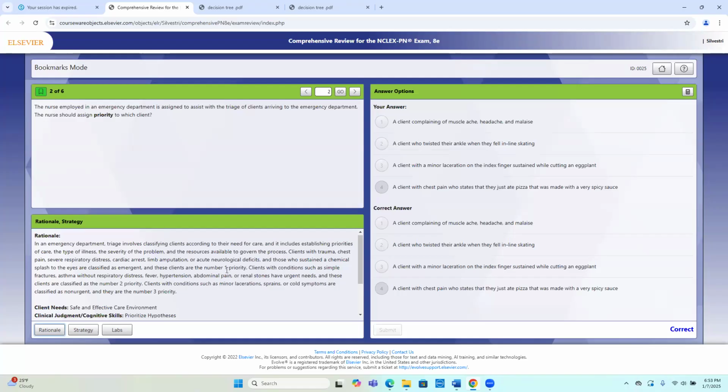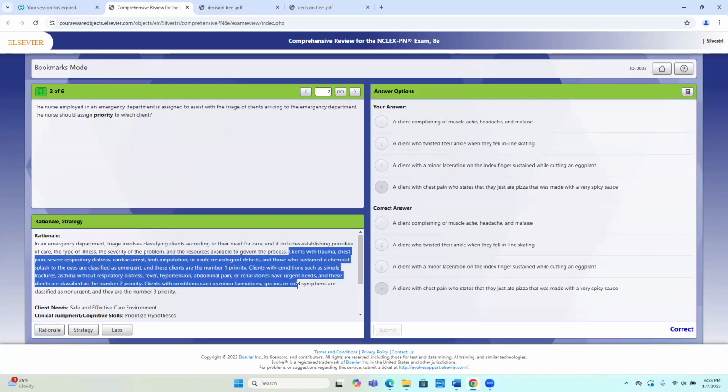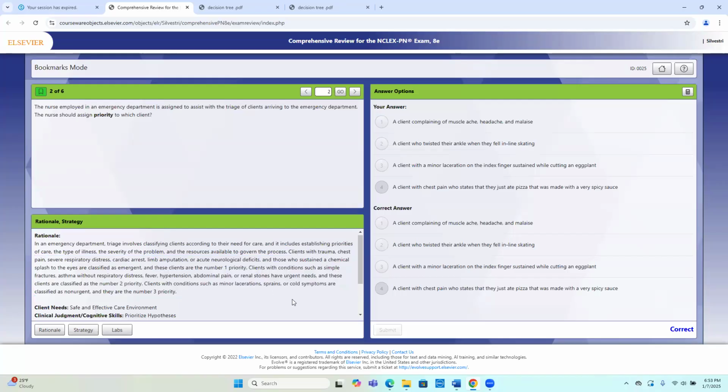So the reason why you would want to read this rationale is this piece right here, because the next time you get a triage question, hopefully, since you've already read this rationale, you're going to remember what's priority 1, what's priority 2, what's priority 3. So that's one of the reasons why it's so good to read the rationales when doing practice questions.